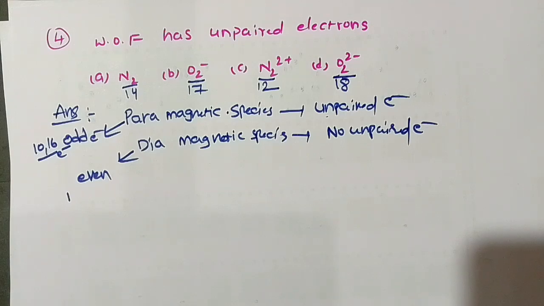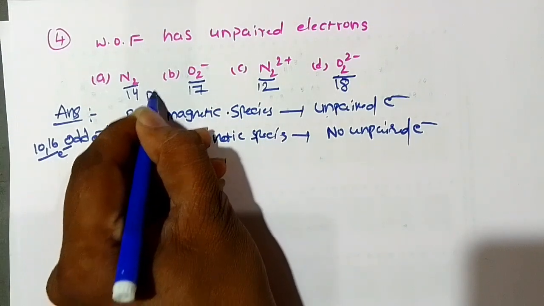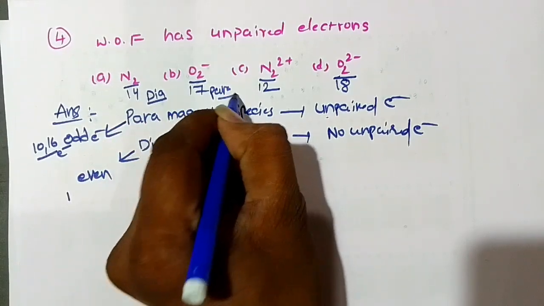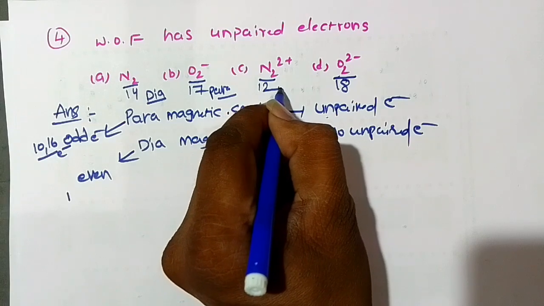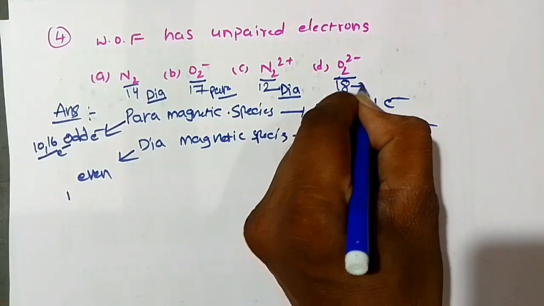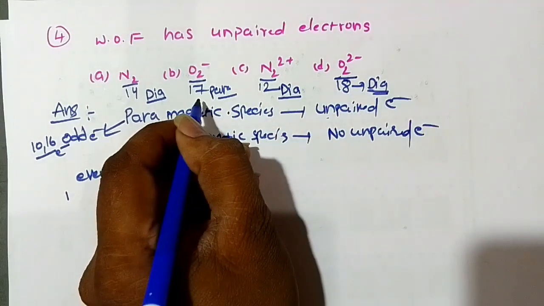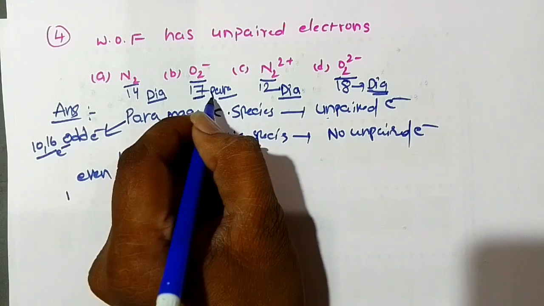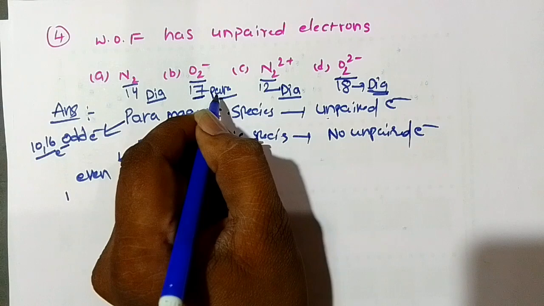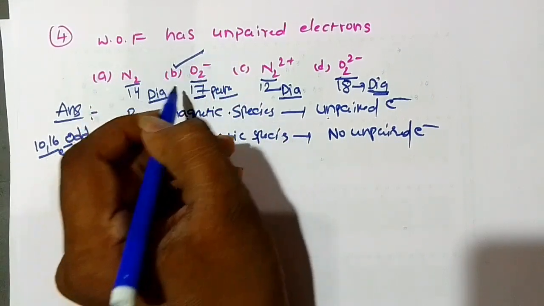So which are paramagnetic? 14 is diamagnetic, 17 paramagnetic, 12 is an even number, diamagnetic, 18 is an even number, diamagnetic. 17 is an odd number of electrons, it can show paramagnetic character. So paramagnetic character means it contains unpaired electrons. So O2 negative contains unpaired electrons. The option is B.